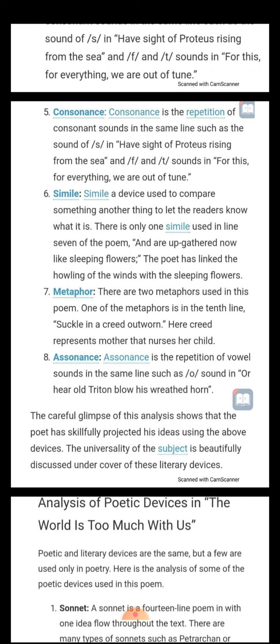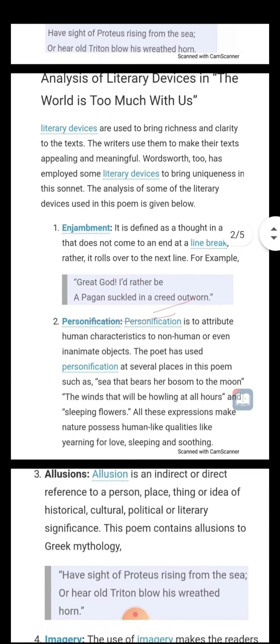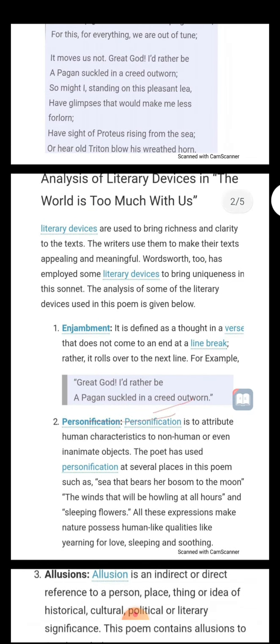So when the same vowel sound is repeated in the same line more than one time, it is known as assonance. So all these literary devices and literary terms are used in this poem, "The World is Too Much with Us."